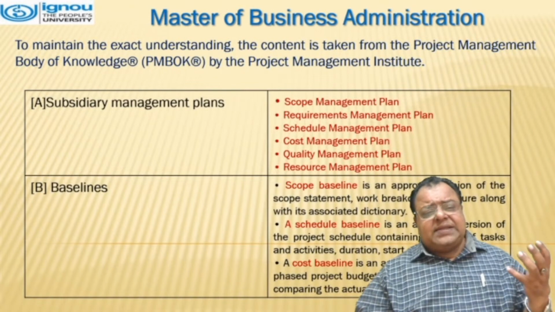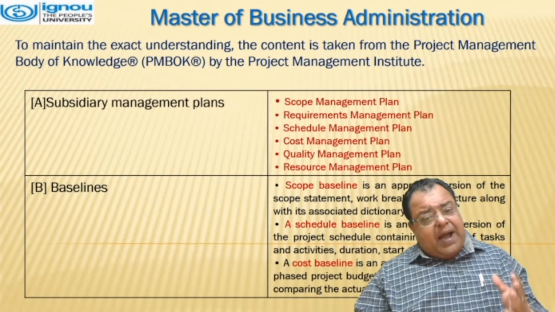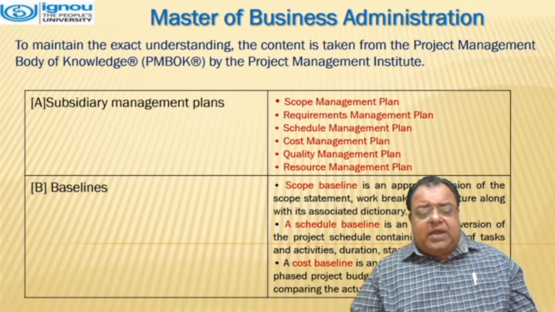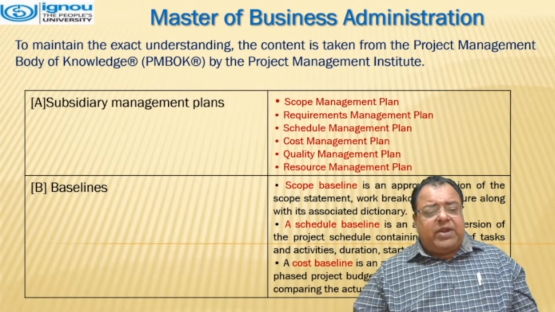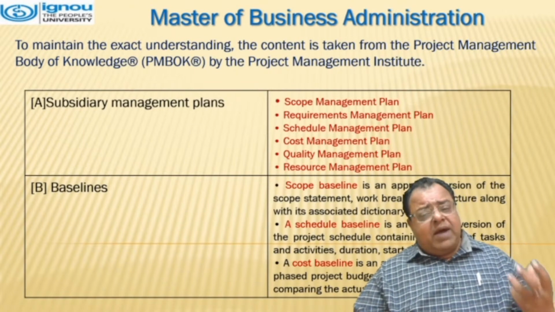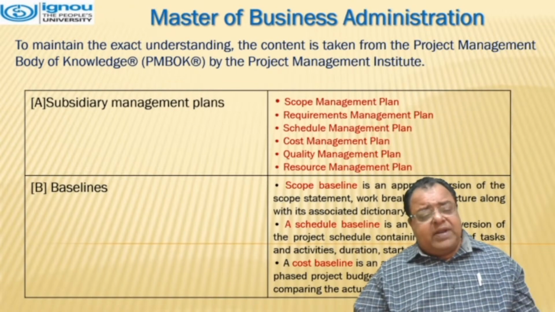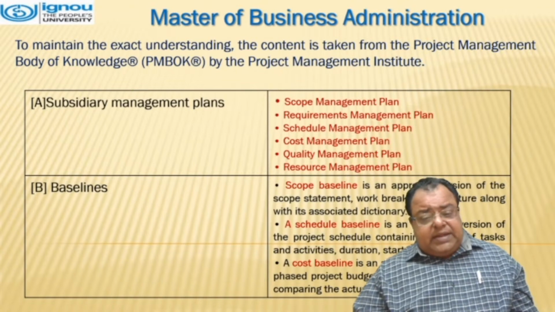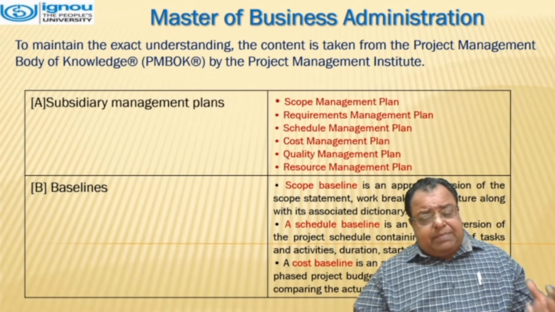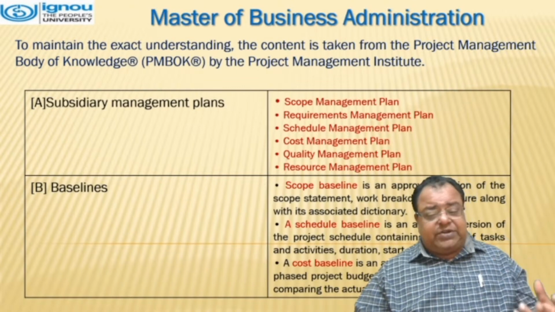To maintain exact understanding, the content is taken from the Project Management Body of Knowledge by the Project Management Institute. Here we see that, first of all, there are subsidiary management plans, which include the scope management plan, requirement management plan, schedule management plan, and so on. Second is baselines. The scope baseline is an approved version of the scope statement, work breakdown structure, along with its associated dictionary.